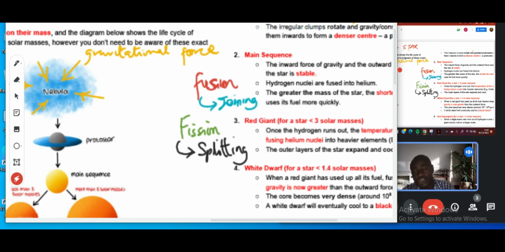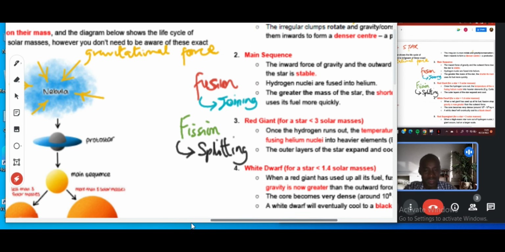Okay, so it's fusion that occurs at the center of the nebula because of the crushing of the particles as a result of the gravitational force acting on them. So they crush on each other, and because the force is towards the center, when crushed so much, the pressure and heat generated at the center will make nuclear fusion begin to take place.